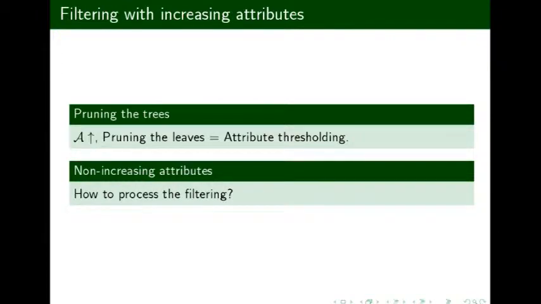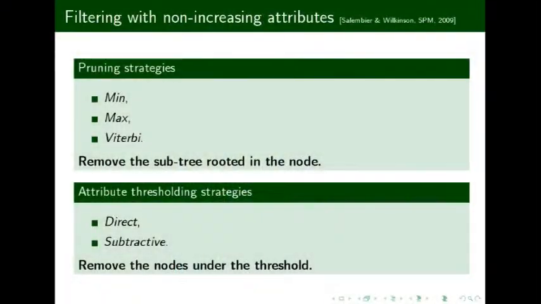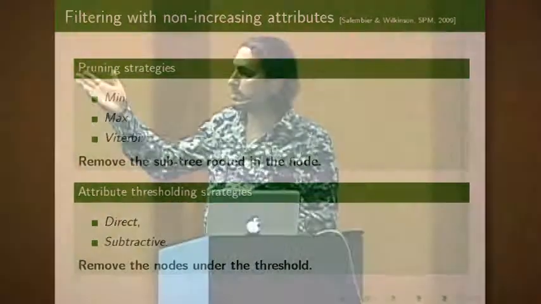If an attribute is increasing, you just prune the leaves. It's just thresholding the attribute. But if you want to deal with a non-increasing attribute, you have several routes that amount more or less to thresholding, either by removing the whole branch according to a rule.